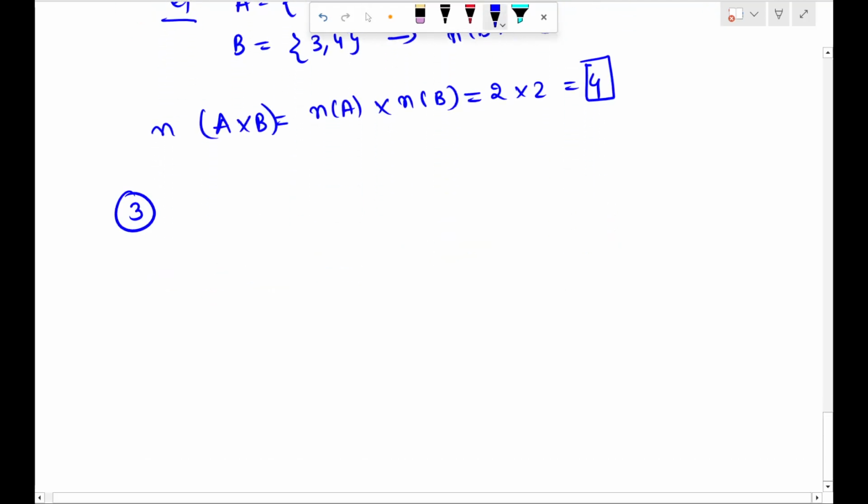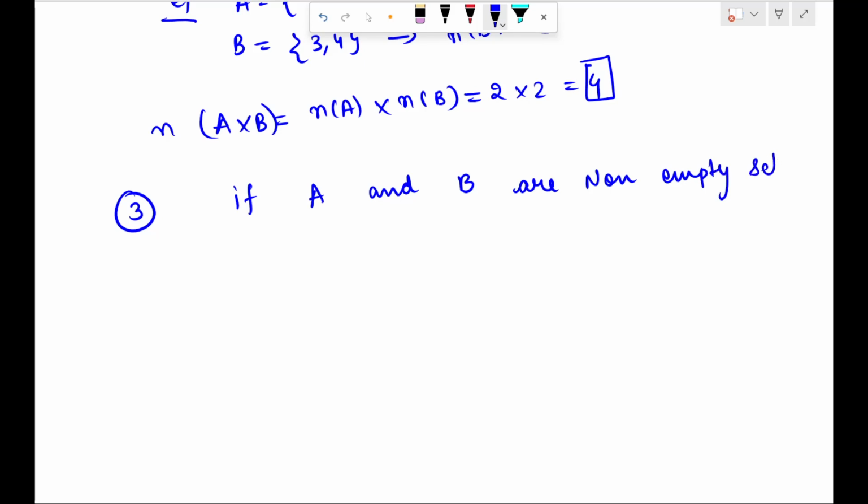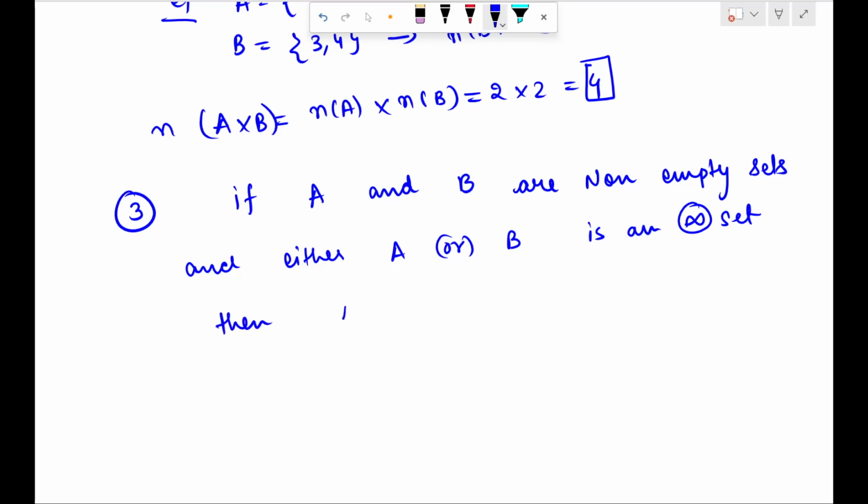Third point, if A and B are non-empty sets, and either A or B is an infinite set, then A cross B is an infinite set.